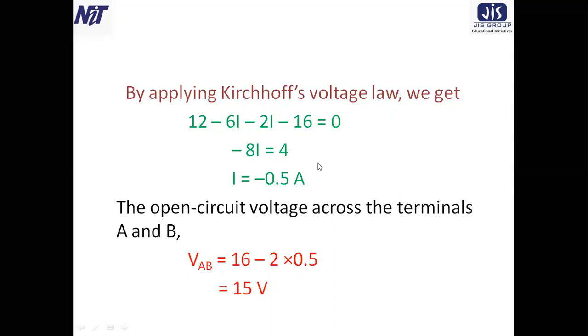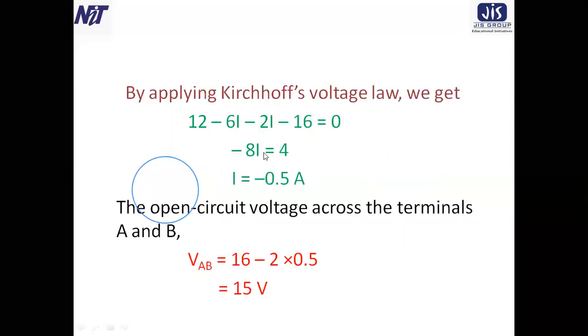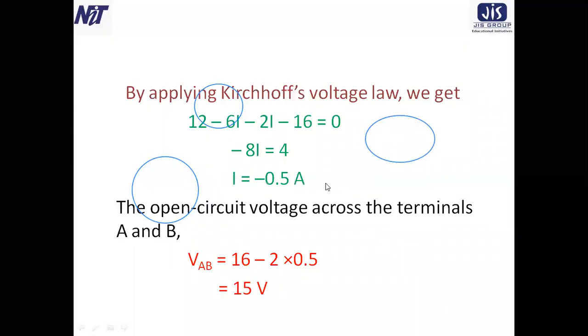So it's a very simple Kirchhoff's law. So it is 12 minus 6i minus 2i, then minus 16 equals 0.